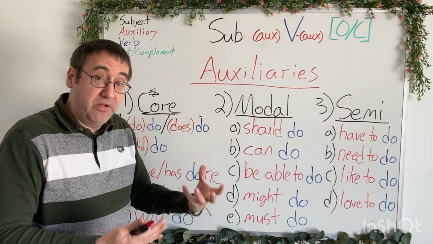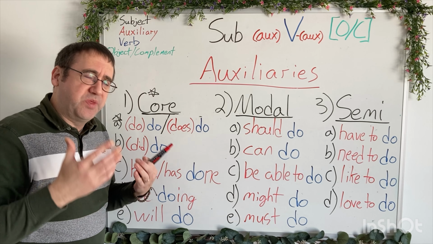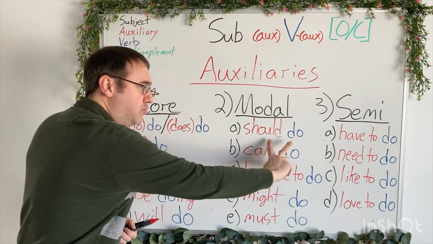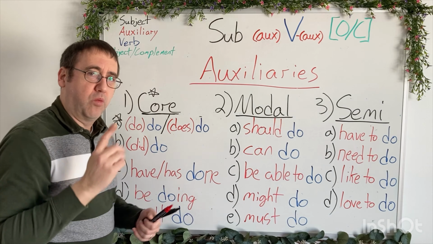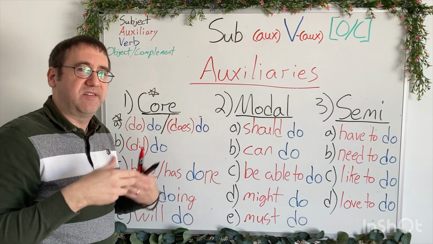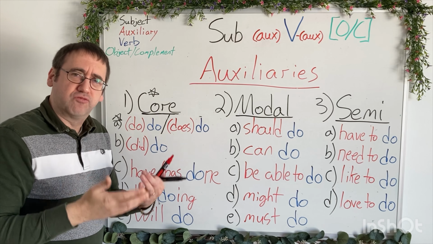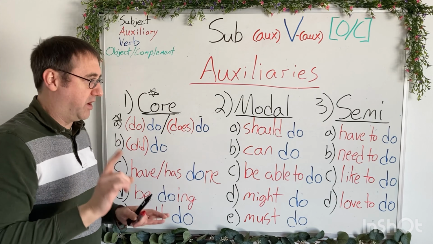It's about your ability. And what I'm trying to get you to think about here is two words, one meaning, or four words, one meaning. So what does that mean? Well, should do, you practice it together. Should do, should run, should talk, should drink. So two words, one meaning.